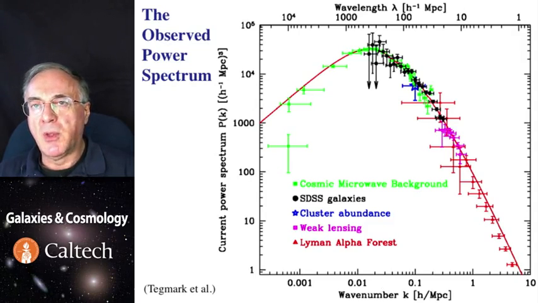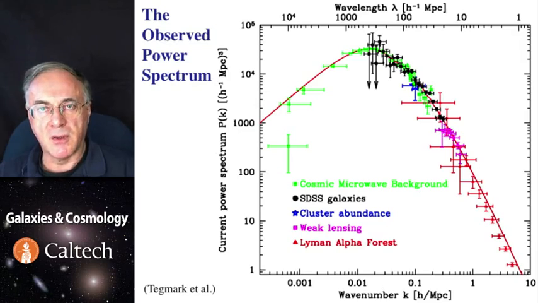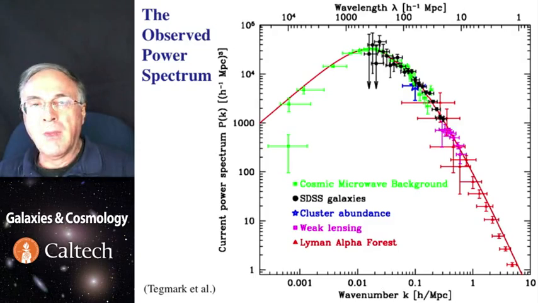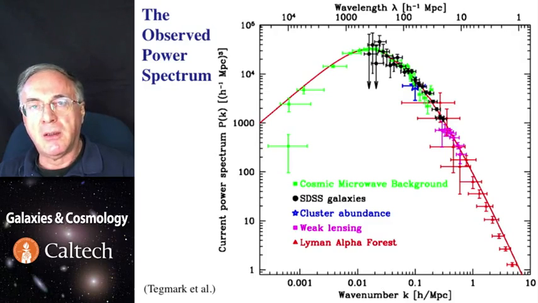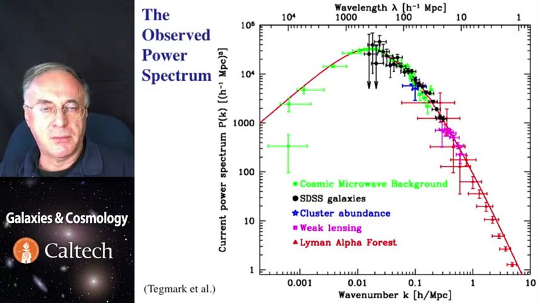Then going on to smaller scales, we use things like the abundance of clusters of galaxies. That's essentially the statistics of high-density peaks, and the clustering of Lyman alpha clouds, which are subgalactic fragments. And weak gravitational lensing reflects the density distribution of the dark matter, so that too can be used to probe the distribution of CDM on intermediate scales.